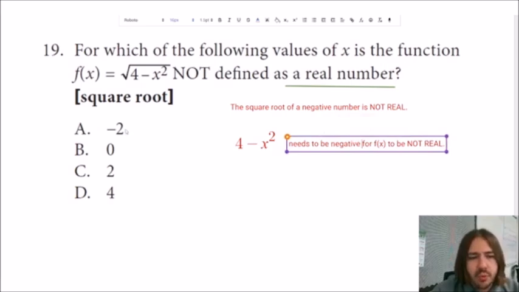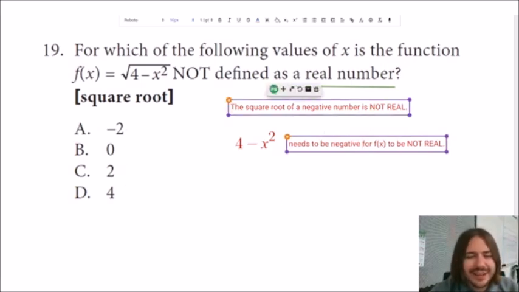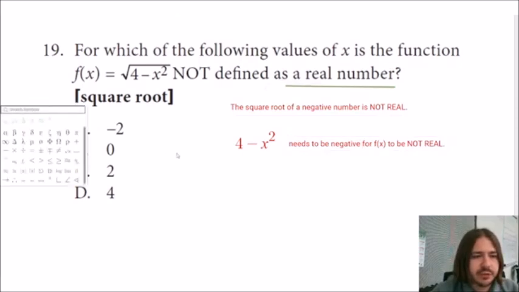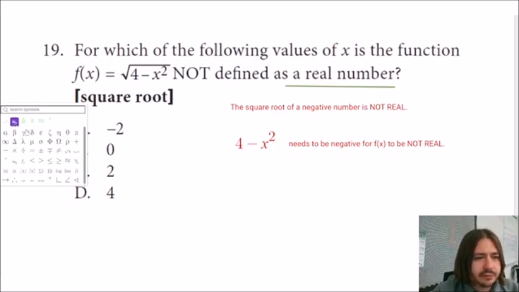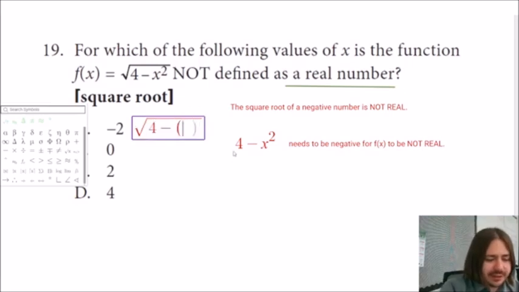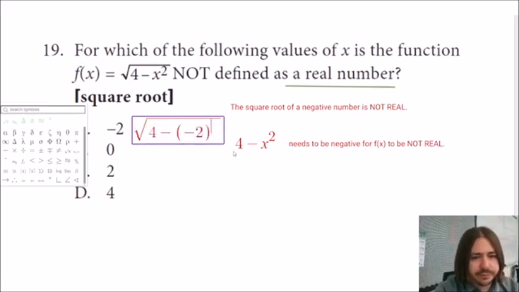Okay, so we have our answer choices here, and while we could set up an inequality and solve it, I think we've seen a couple problems like this where the algebra is just way overkill. I think we're just going to plug in numbers and see which one works. So let's see what's going on here. If I plug in -2, I'm going to get 4 minus -2 squared.